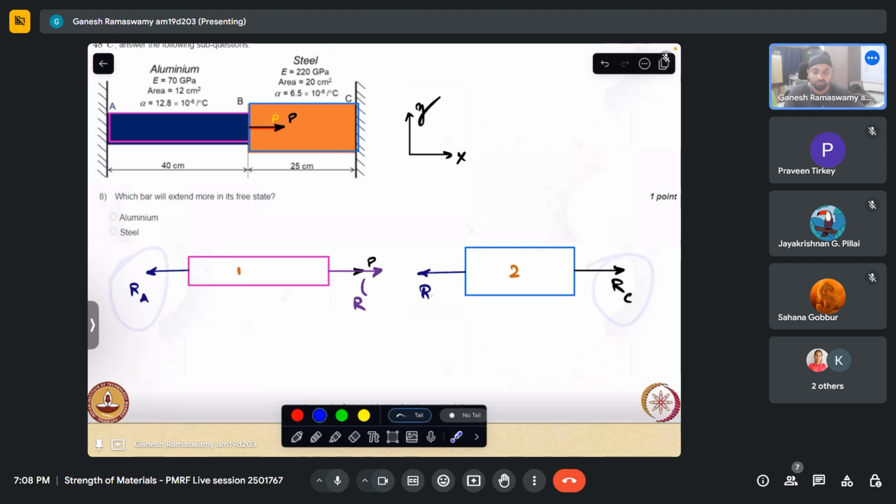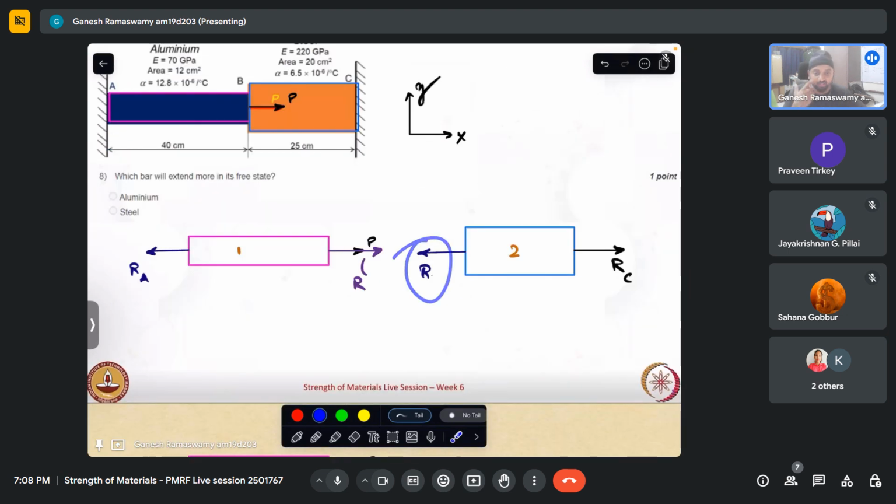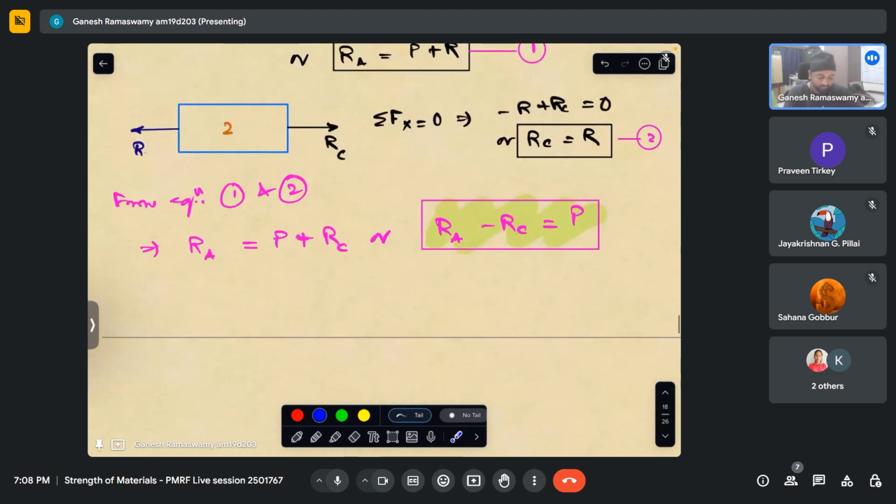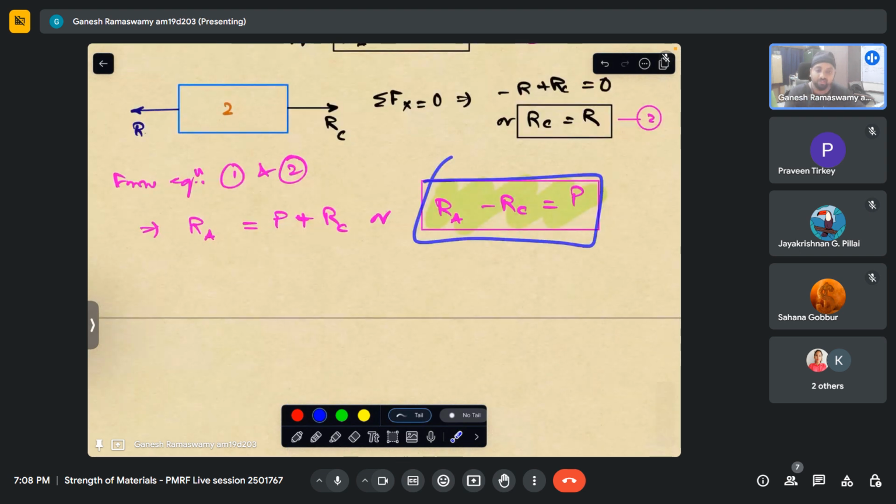We, however, know what P is. Rc happens to be equal to R. This much we know. From applying just equilibrium equations, we have got one equation with which we are not in a position to solve for them individually. We only know this relation. So this is a statically indeterminate problem. I am not able to find the actual reaction distribution by statics alone, which is where I need to bring in now the knowledge of deformable bodies also.